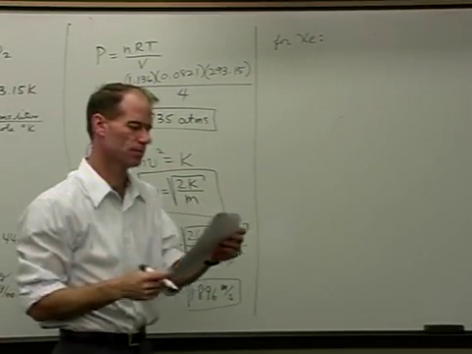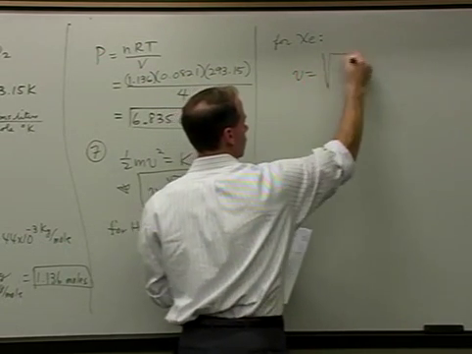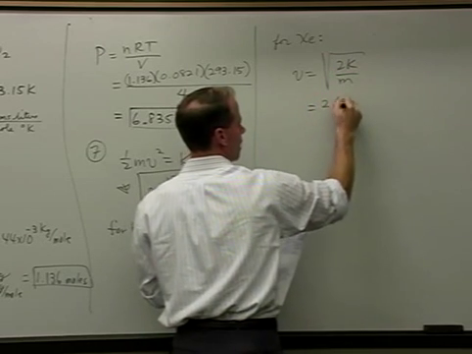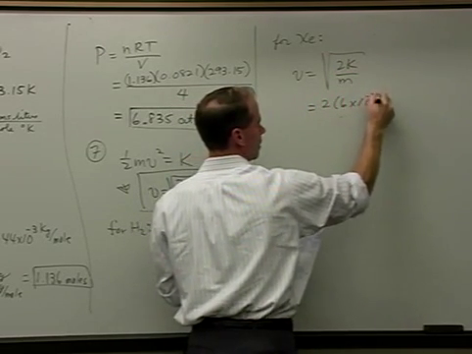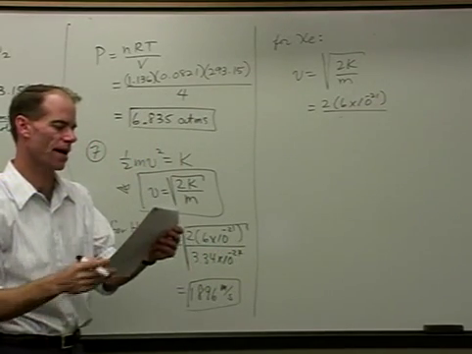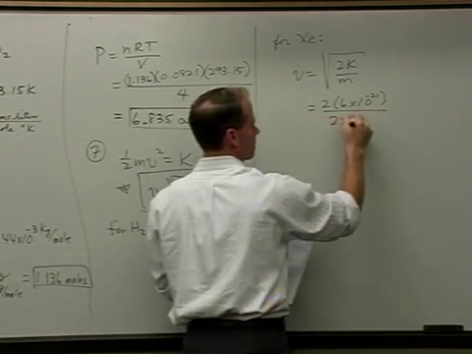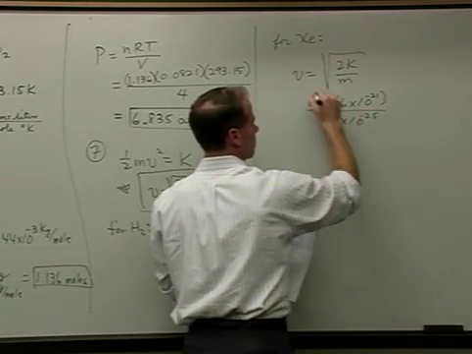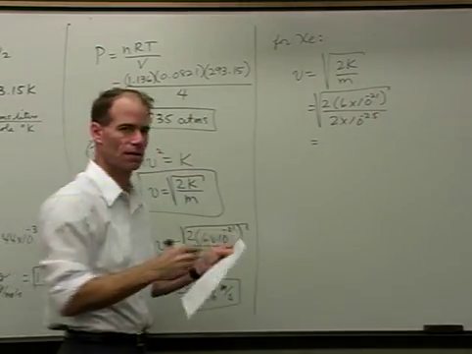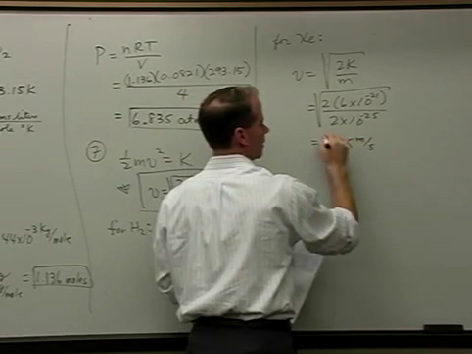We have velocity should equal the square root of 2 times kinetic energy over the mass, 2 times 6 times 10 to the minus 21, over the mass of xenon, which was given as 2 times 10 to the minus 25 kilograms. That gives us 245 meters per second.